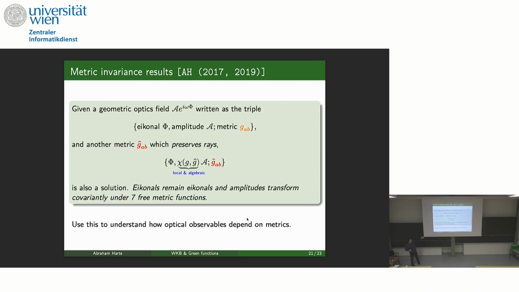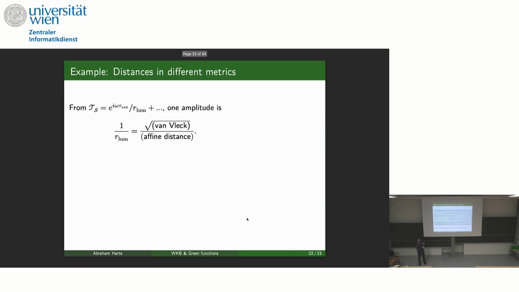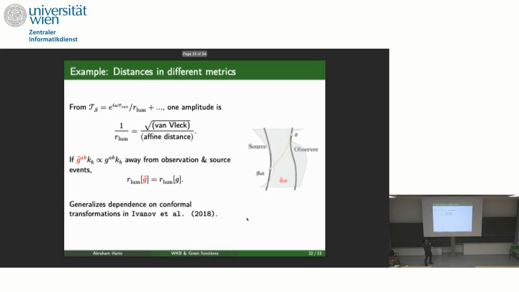And you can use this now to try to understand how optical observables depend on the metric. From this kind of calculation, one over the luminosity distance is a geometric optics amplitude. This is not the first time that's been noticed, but it is the simplest example. This luminosity distance is an affine distance over a square root of something called the Van Vleck determinant.